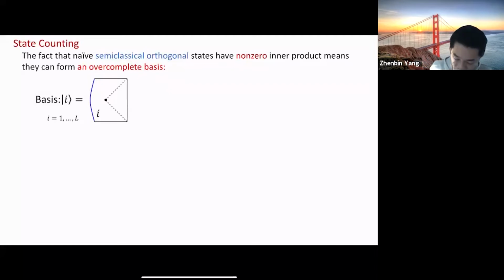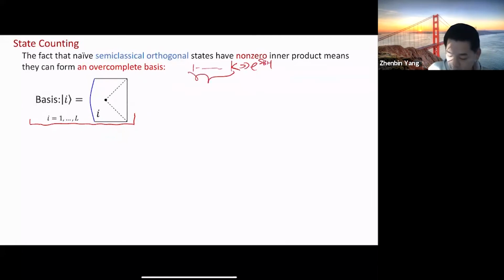And here the approach we are going to use is to consider a basis of semi-classical states that label different states in this end-of-the-world brane model. Those correspond to different brane excitations. i runs from 1 to L. So in total we have 1 to K states, much bigger than e^S of the black hole.